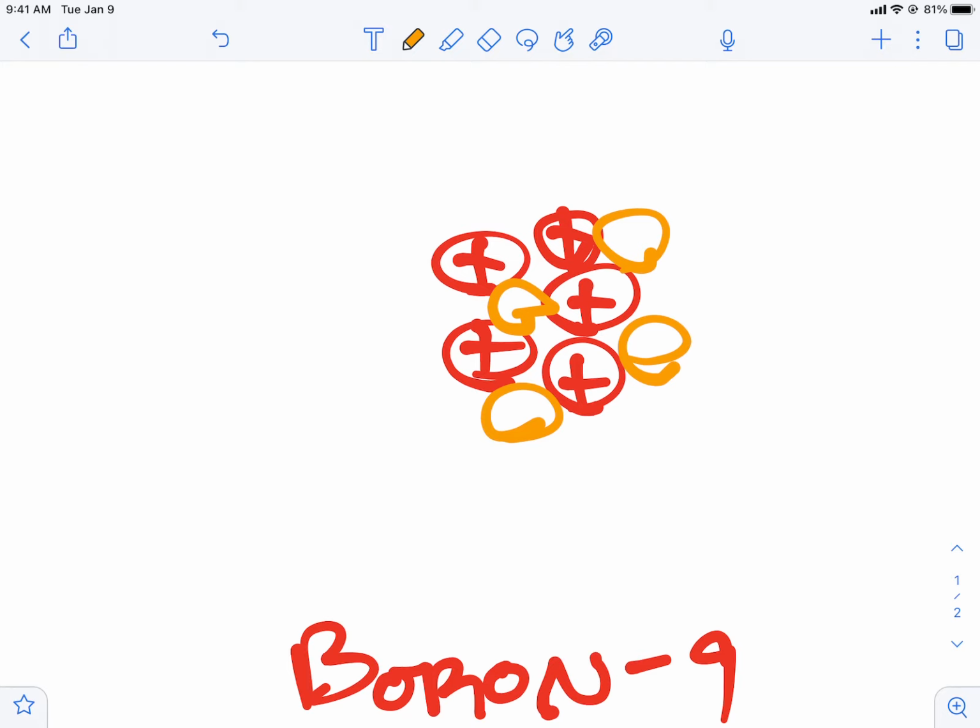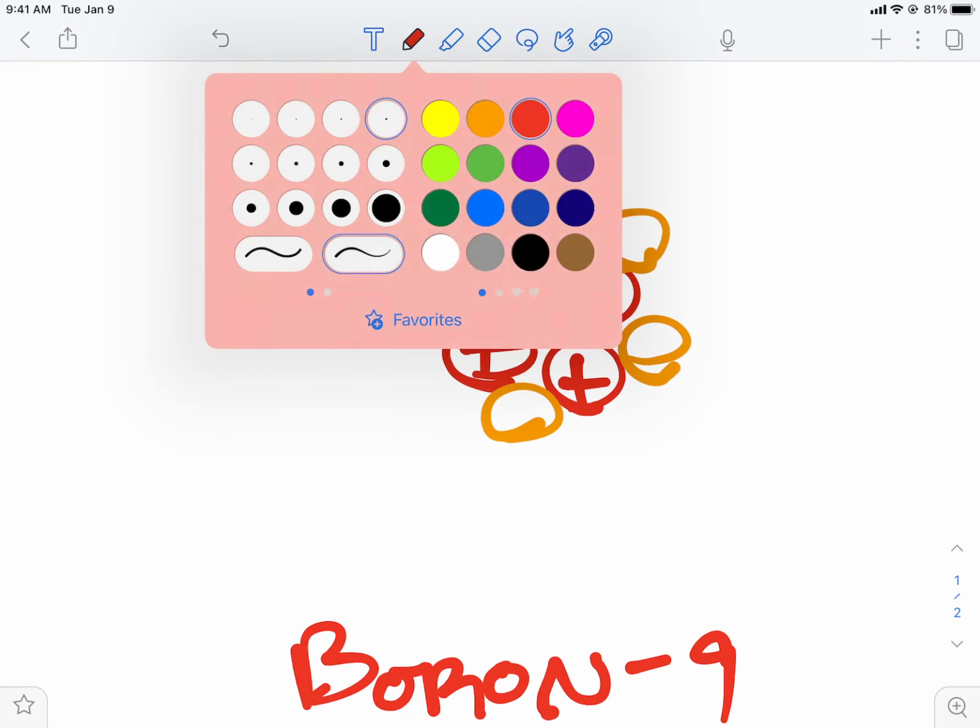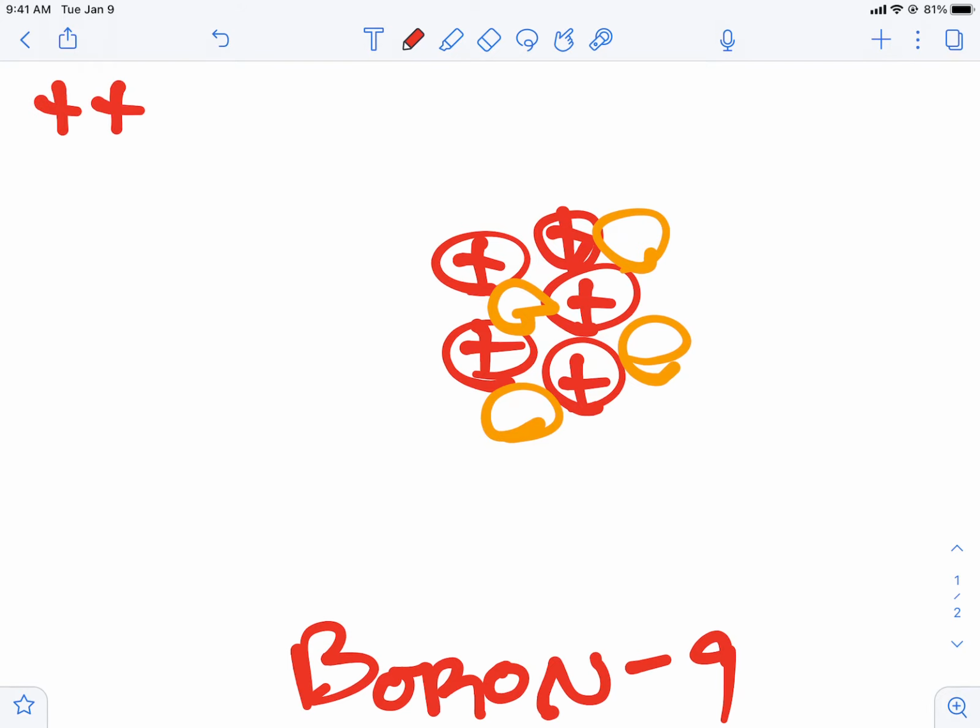Now, how do you get an atom with a charge? If you charge an atom, it means it has an imbalance of protons and electrons. So for example, if I have 5 protons, I'm going to change my color and write out my tally of protons over here. If I have 5 protons, I have 5 pluses, so my total charge right now is 5 plus.